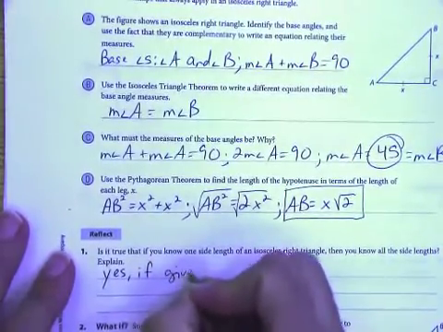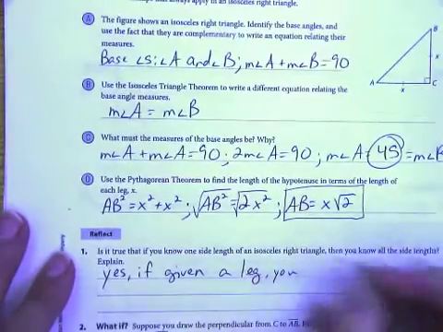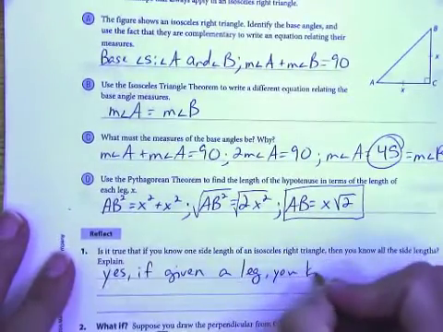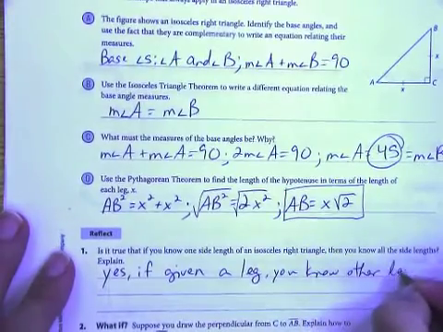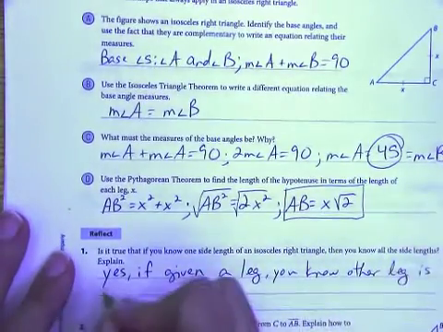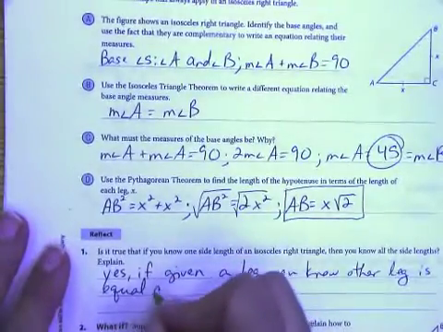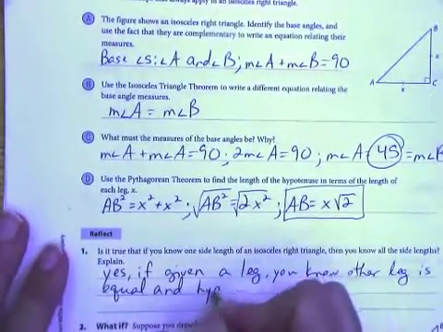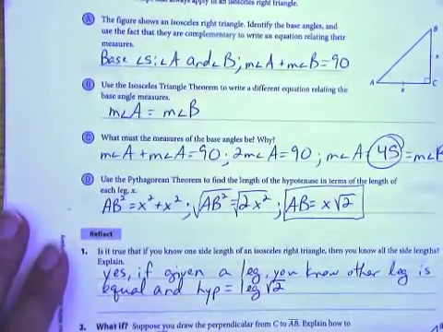If given a leg, you know the other leg is equal, and the hypotenuse equals leg times radical 2.